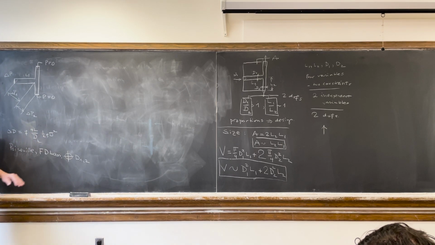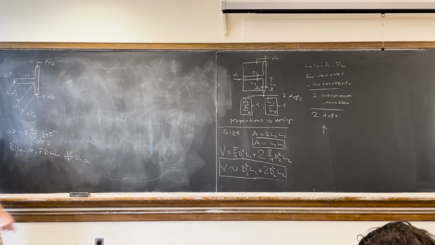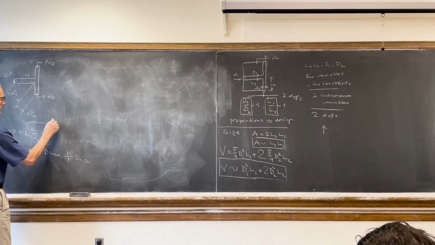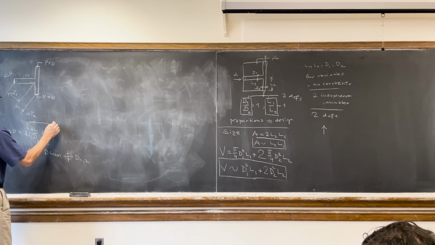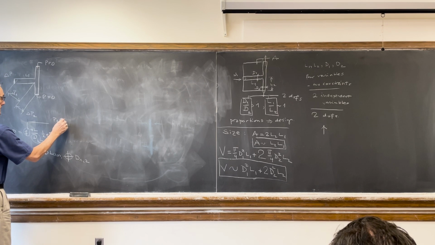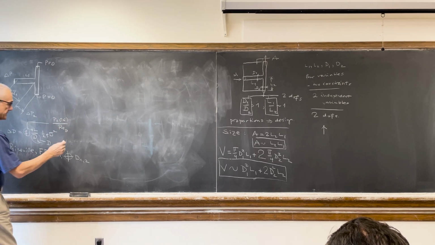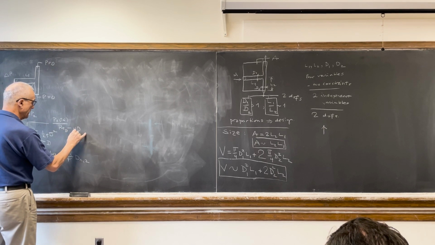And in this particular case, again, I'm repeating a technique that I put on the blackboard several times already. In this case, the hydraulic diameter is the same as the diameter of the round tube. The friction factor is the same as the Poiseuille number, which for the round tube is 16, divided by the Reynolds number based on D. The Reynolds number based on D is UD over nu.